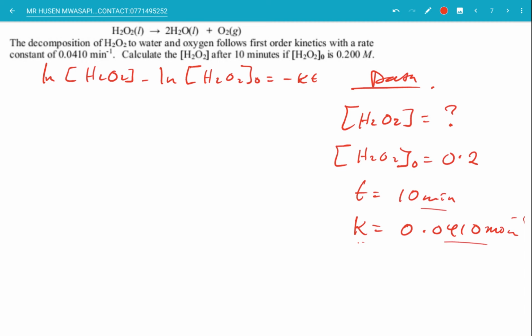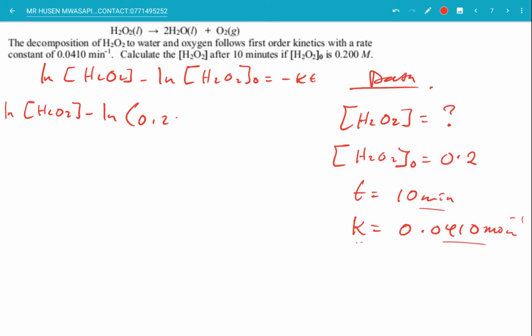So this will be ln concentration of H2O2 minus ln of the initial concentration, 0.200, I'm going to put it in brackets, being equal to negative 0.0410 times the time, which is 10.